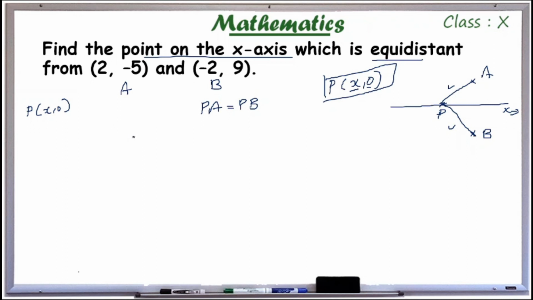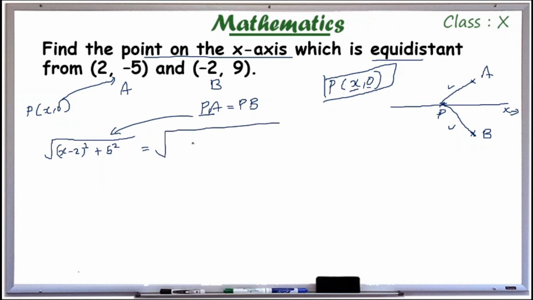So PA is equal to root of x minus 2 whole square plus 0 minus 5 whole square, and PB is equal to root of x plus 2, using the distance formula, whole square plus 0 minus 9 whole square.